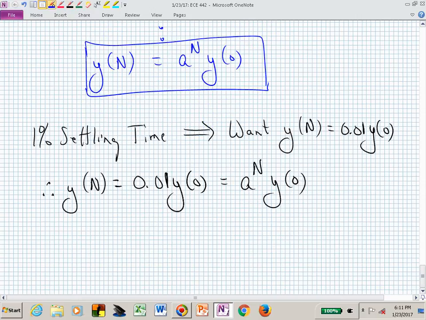And now it didn't matter where we started. We can now still solve for capital N. We can divide out y of 0. We're assuming we have a non-trivial problem, so y of 0 is something. And we want to know, what is capital N. Now we know that 0.01 is going to be A to the n.